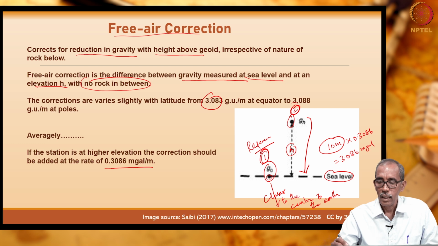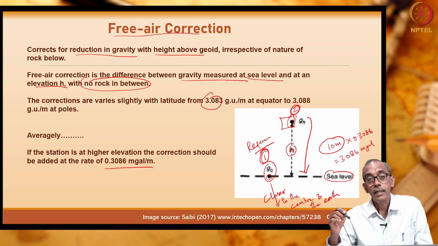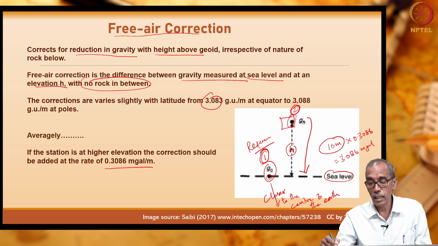What does it mean? When the gravity station was here, the value of gravity which we measured will be slightly less, isn't it? How much less? It is expected to be less by 3.086, because it was at an elevation of 10 meters, a higher elevation compared to station number 1.